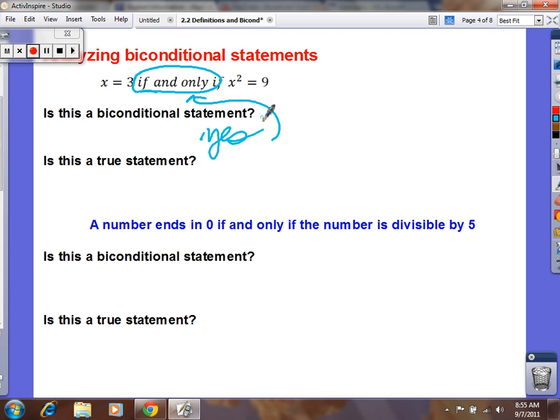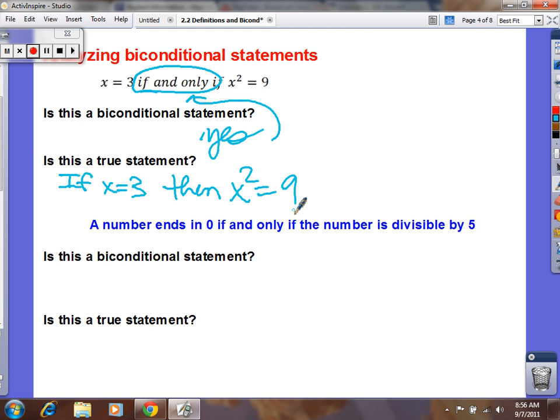Now this is the question. Is this a true statement? It's got to be true forwards and backwards. Let's pick it apart. What's the conditional statement? What's the if-then? We're going to go left to right. So it's going to be if x equals 3. These are going to be easy to change into if-then. Just go left to right. So take if, the first part, x equals 3, then x squared equals 9.